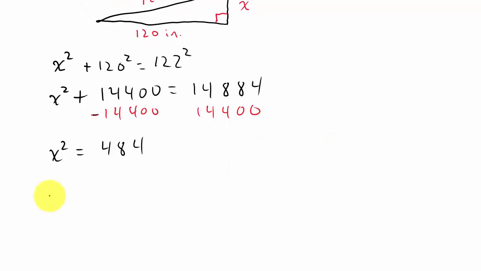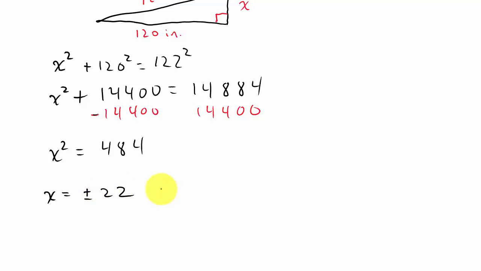And so I'll use the square root property. That's x is equal to the square root of 484, which is plus or minus 22.